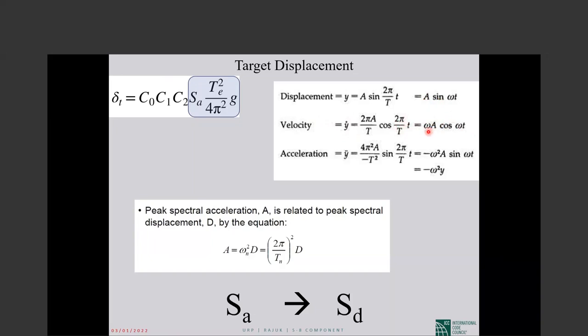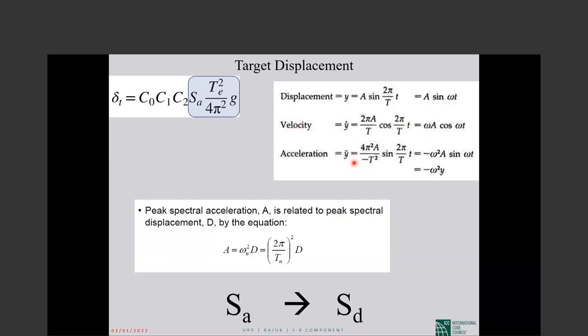So just check what is the T of the building, 2 pi divided by that, and then multiply that by A, the displacement. This way you can get the maximum velocity.